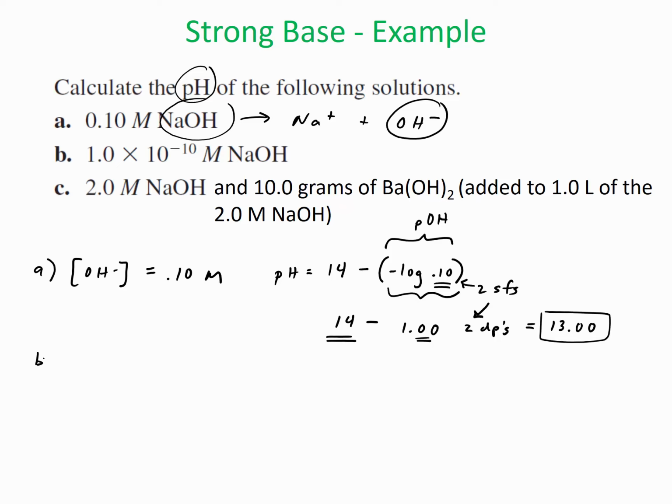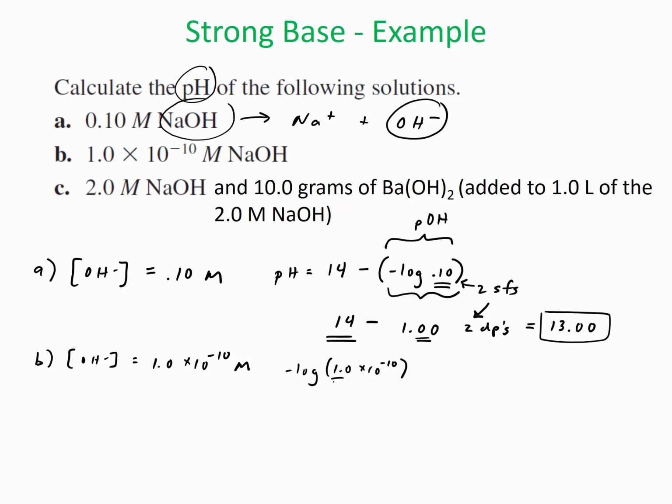Then for B, my concentration is going to be 1.0 times 10 to the negative 10th molar. So the negative log, this is my pOH of that number, is going to be 10.